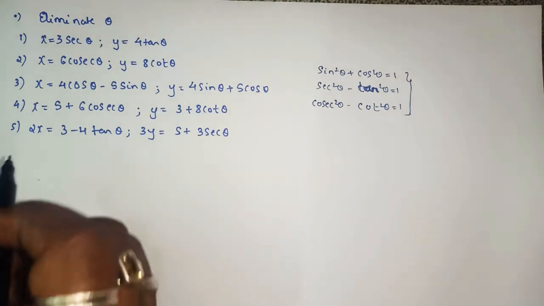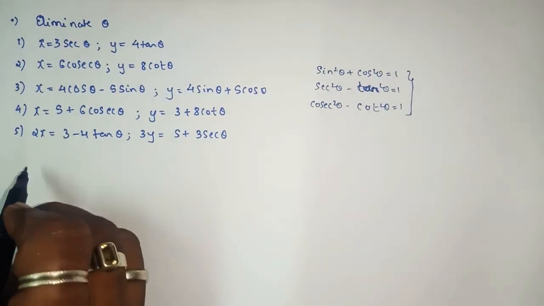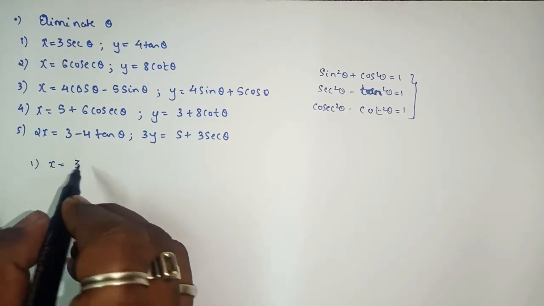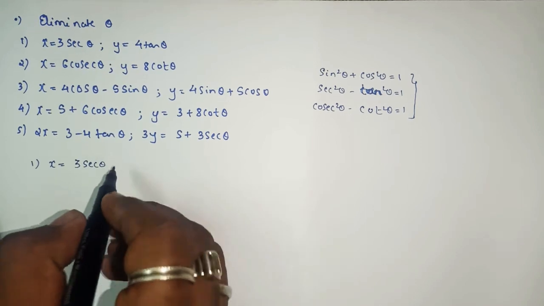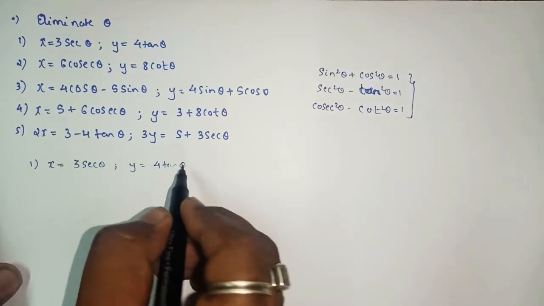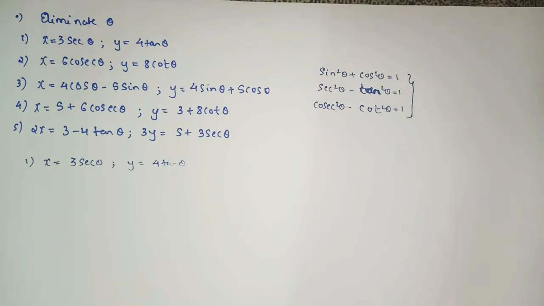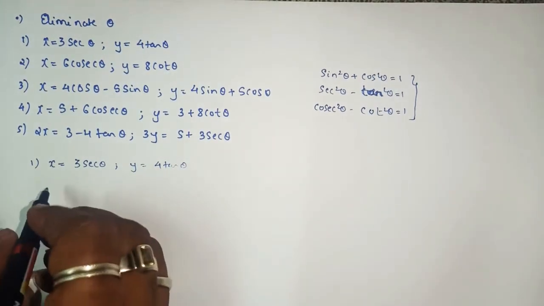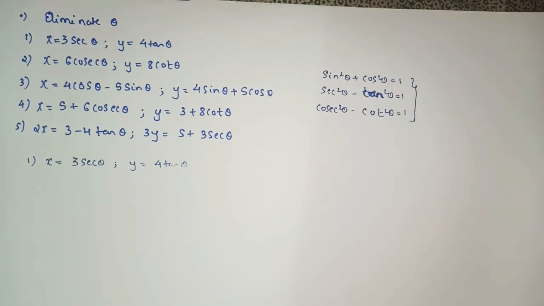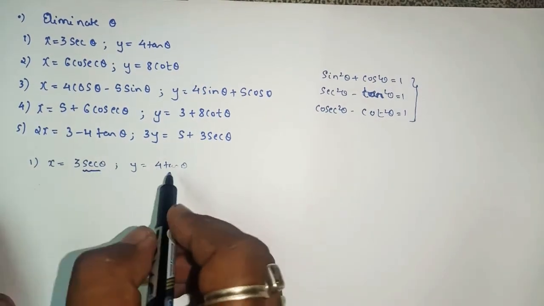So let's begin with the solution now. Here in the first one, it says that x equals 3 sec theta, y equals 4 tan theta. First we'll find the value of sec and tan.